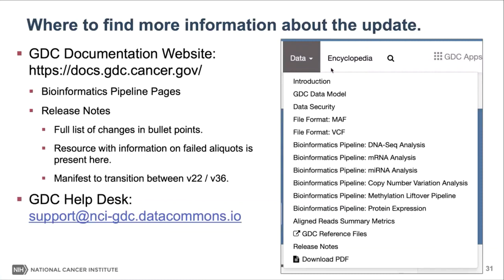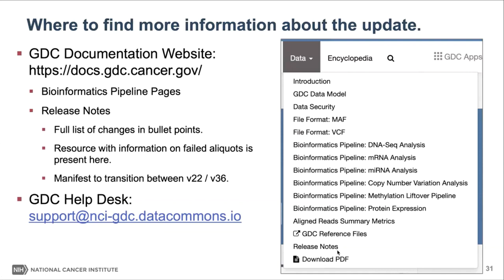And in our data release notes, so make sure when you go to the doc site, you go to the data tab at the top and you go down to the release notes at the bottom of the list there. This gives a full list of the changes that were done for the GENCODE release in bullet points.